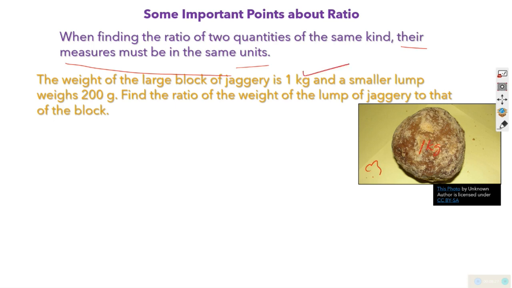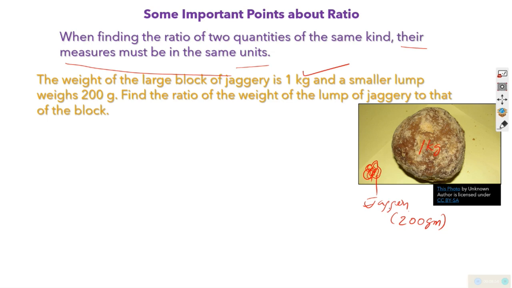अगर इसमें से एक छोटा सा टुकड़ा, ये भी जैगरी है, समझ लो, small piece which weighs 200 gram. So 200 gram एक छोटा सा टुकड़ा है. 1 kg the biggest, big lump, comparatively.